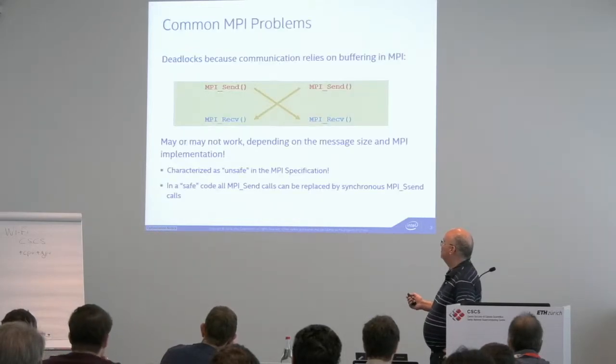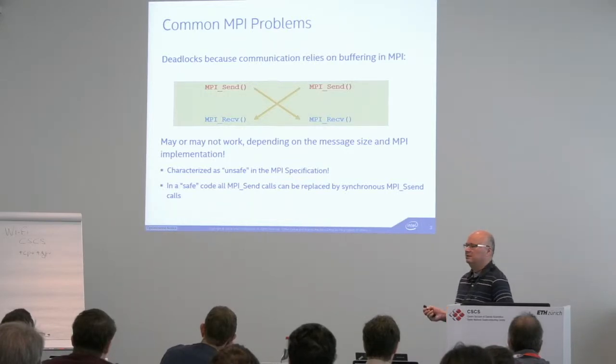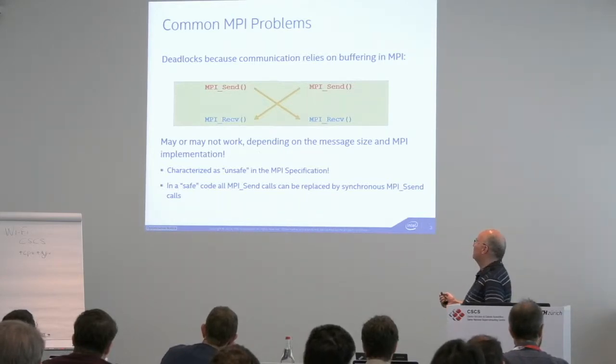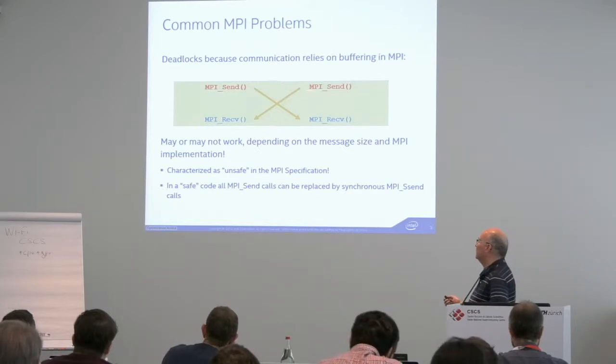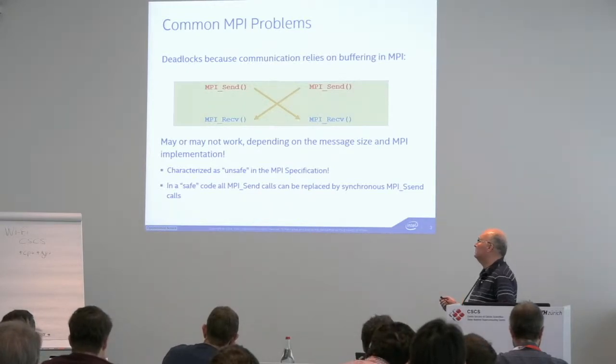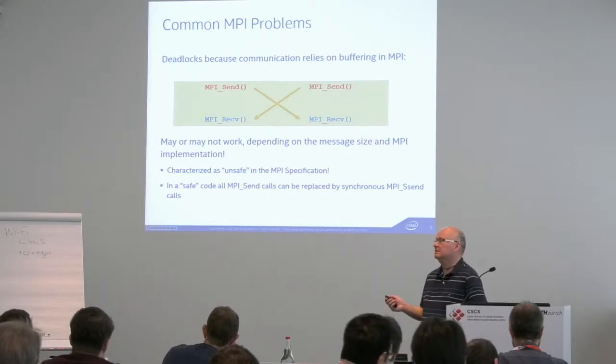This would be the typical situation that I faced with my port of the DWD code, or how you can generate a deadlock in MPI. Both ranks here issue an MPI send, and they can only proceed if they get the matching MPI receive from the other side.